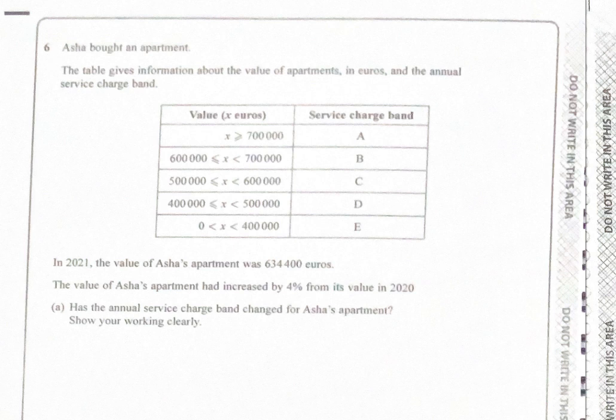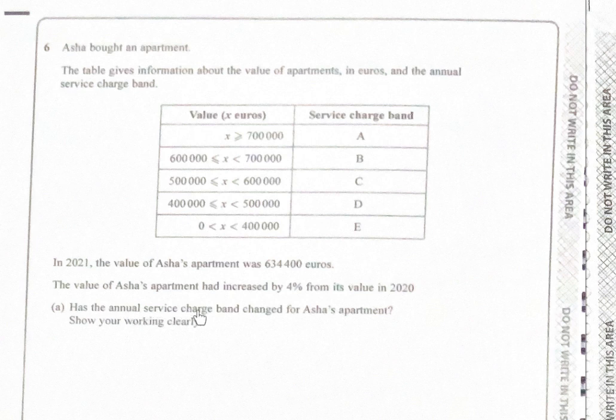Number 6. Asha bought an apartment. The table gives information about the value of the apartments in euros and the annual service charge band. In 2021, the value of Asha's apartment was 634,400 euros. The value of Asha's apartment had increased by 4% from its value in 2020.